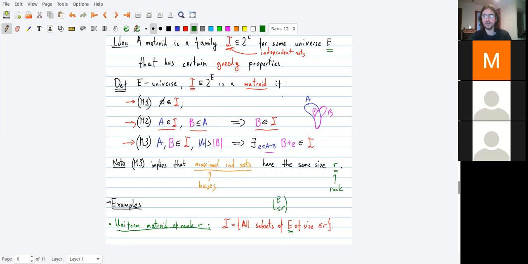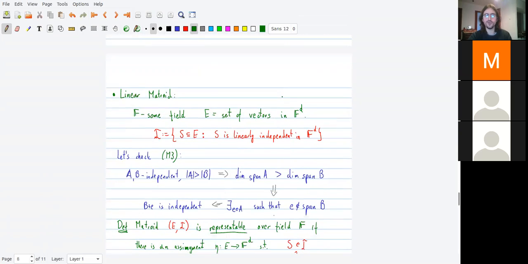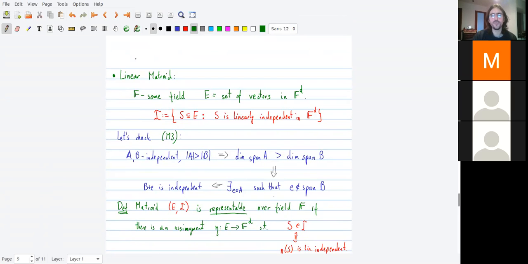Good. So this is a very simple matroid, and the main and actually sort of only important example of a matroid, let's say globally important, is the linear matroid, the matroid formed by columns of a matrix. Imagine that you've got some field. If you are not happy with finite fields, imagine that you've got fields, say complex numbers or rational numbers. And imagine that your universe is just a bunch of vectors in a linear space, say of dimension d over this field.